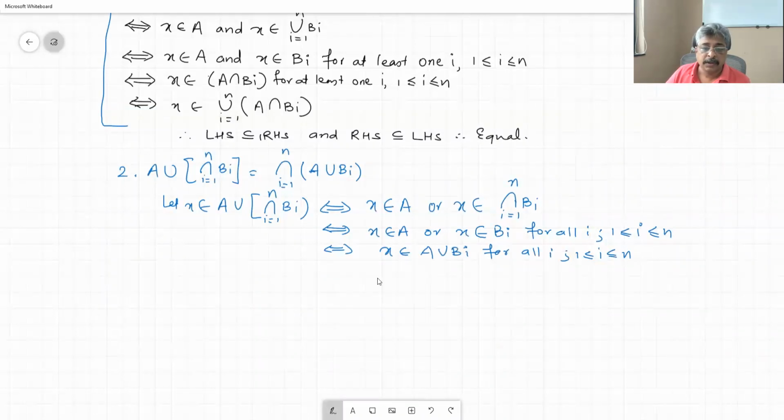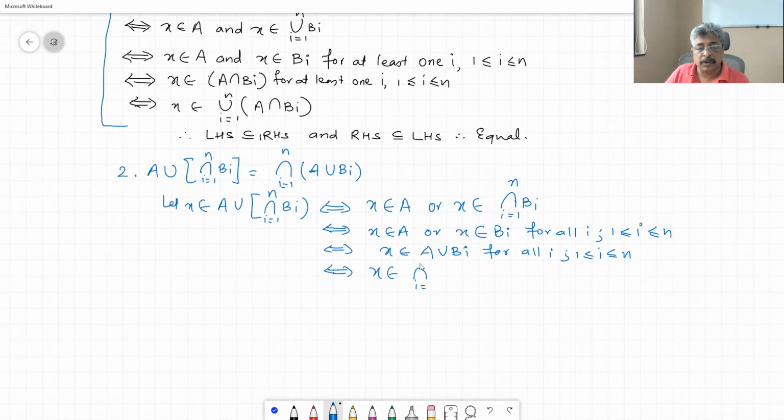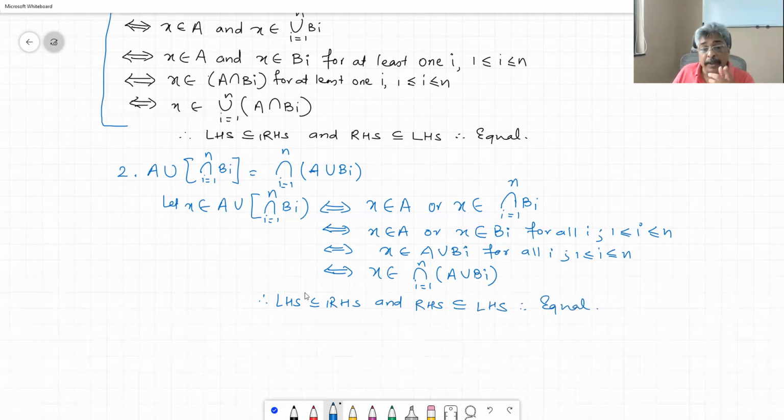It means x belongs to intersection i is equal to 1 to n A union B_i for all i. This is RHS. So LHS subset of RHS, and RHS is subset of LHS. So this is important. We will require this in probability in the end.